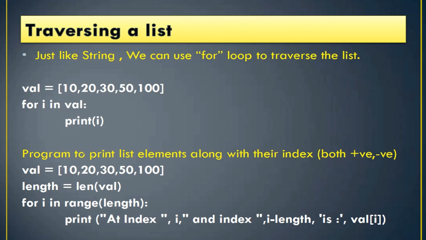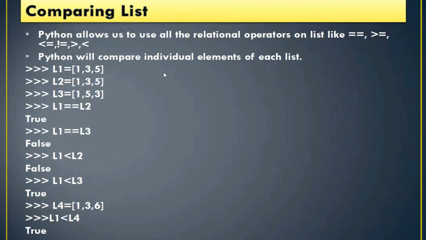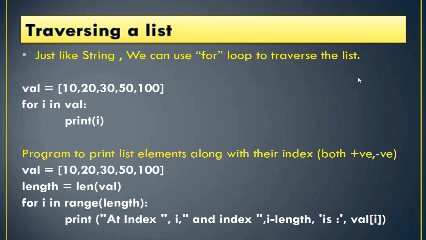So what happens? The program prints list elements along with their index, both positive and negative. See, the index is being displayed and the length value is being displayed. For i in range of length, print at index i, and index i minus length is val[i]. So here it will give you the output in both positive and negative formats.